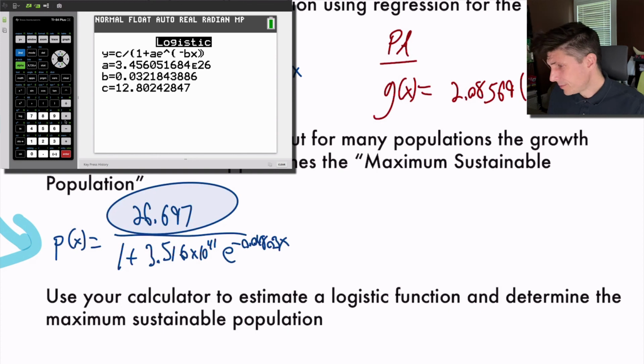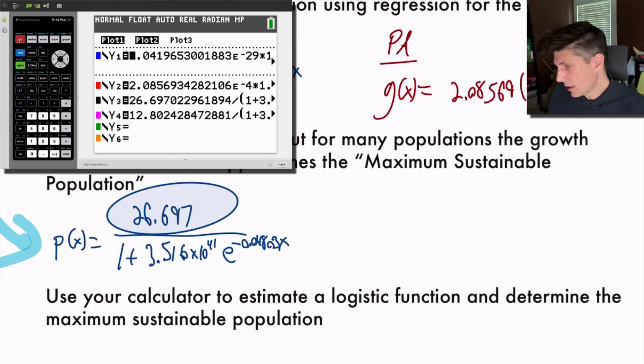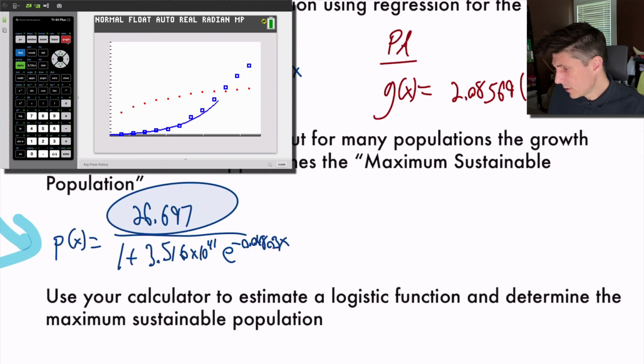All right, there it is. I could write this all down for you. There it is. You can just insert all of these coefficients into their appropriate spots, and you can see that all the graphs are in place. Looks like the carrying capacity, which would go here, is about 12.8 million, and then let's look at that graph.